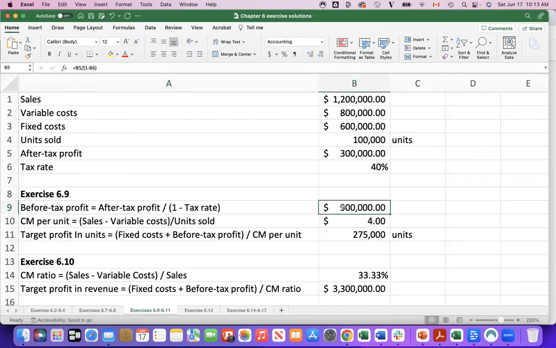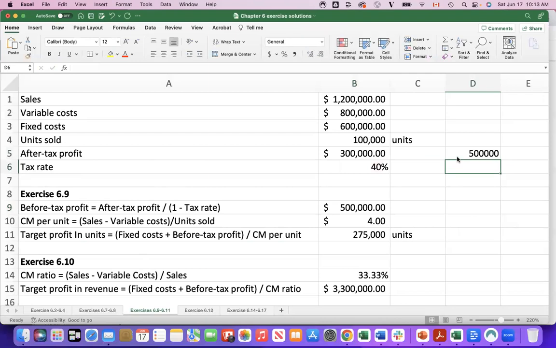So I take the 300,000 and divide it by 1 minus the tax rate, which is 40%. That means 300,000 of after-tax profit, assuming a tax rate of 40%, is the same as $500,000 of before tax profit. You can look at that reconciliation here real quick.